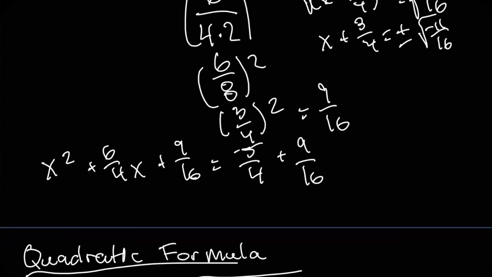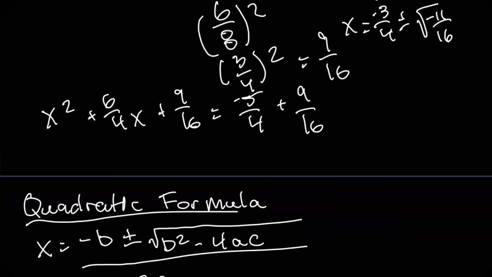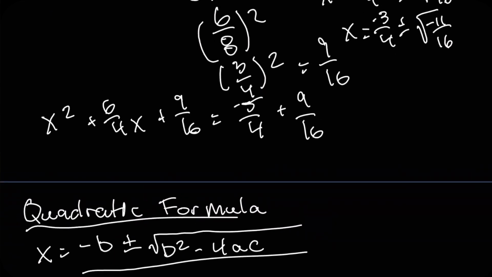Alright, we just have a few more steps to do. Let's get the 3 fourths over to the right hand side. So x is equal to negative 3 fourths plus or minus the square root of negative 11/16. And we can further reduce this because we do have a square root of a negative.